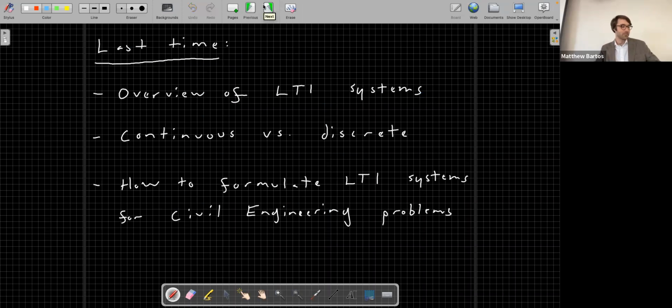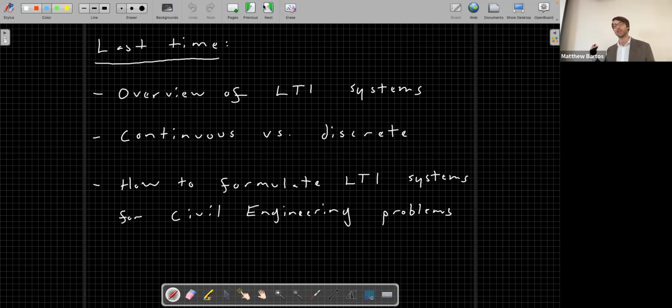So last time we gave an overview of LTI systems. Who remembers what LTI stands for? Great, linear time invariant. So we had an overview of LTI systems. We looked at continuous versus discrete LTI systems, and we showed how we could formulate LTI systems for different civil engineering problems.